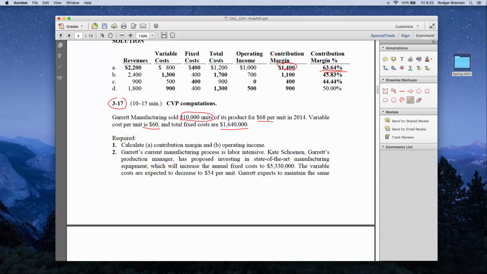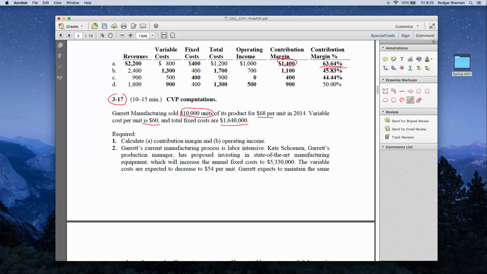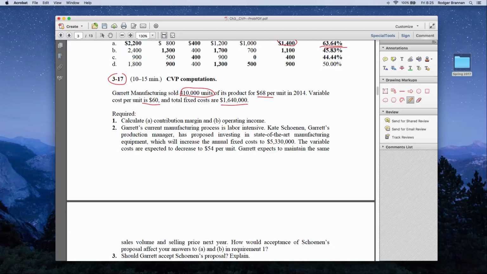And number two, it says, well, okay, we can take this basic model and then let's substitute some changes. Essentially, what they want to do is to increase the leverage because they want to increase the annual fixed cost, which basically means what they're going to do is to increase the use of machines, but decrease the use of human labor.